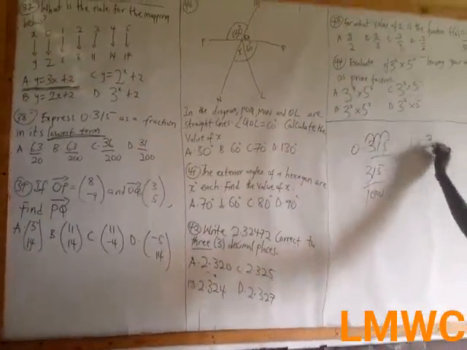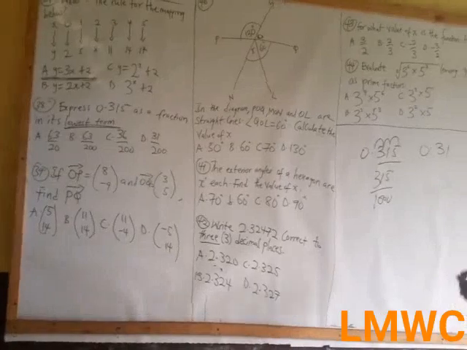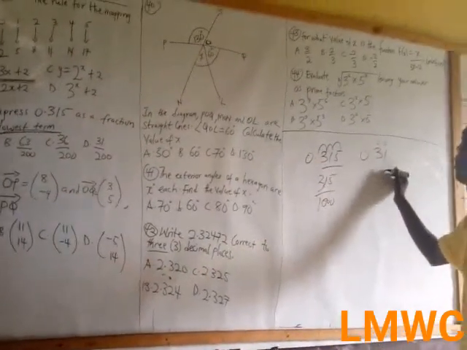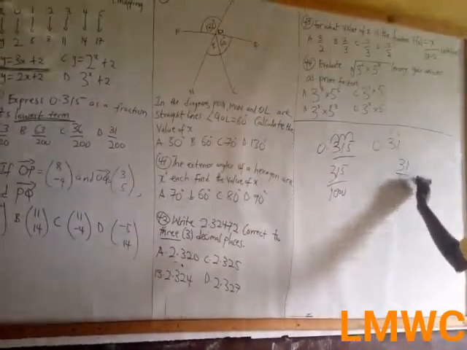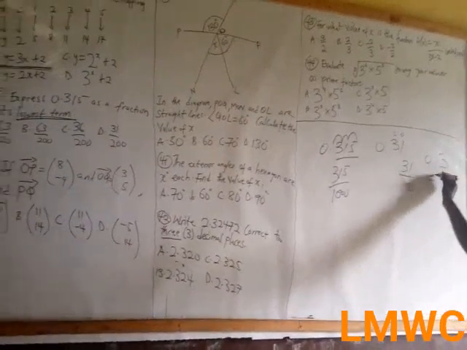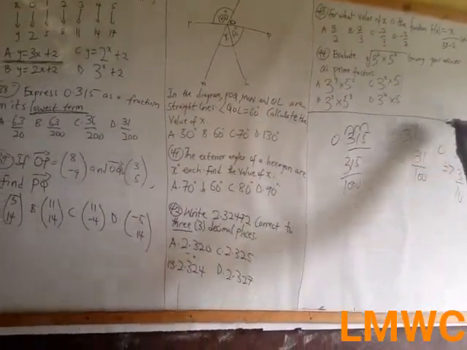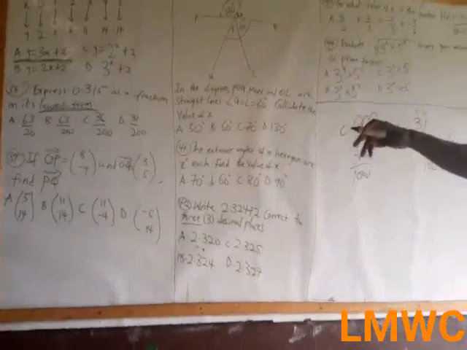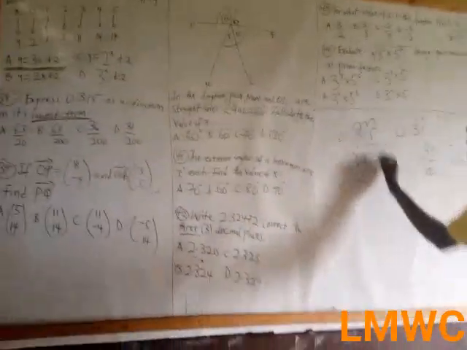If it was 2 decimal places, you get 2 zeros, so it becomes 31 over 100. If it's 1 decimal place, it's over 10. If they said express this as a fraction, this is your answer.